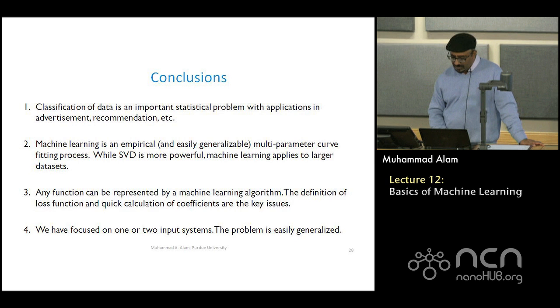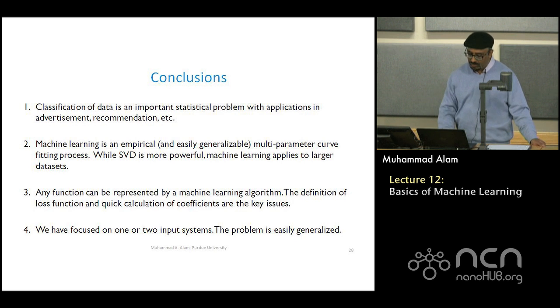So let me summarize then. This is really part one of two parts, because in the next one I will show you a few more things related to backpropagation and all those basic concepts. But I hope I explained to you that this is very good for classification information. And it is very important that you remember this.